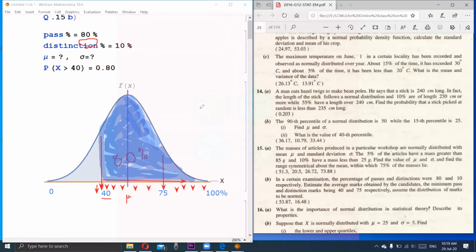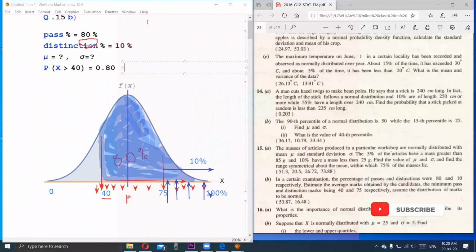We are pointing the distinction. The students who got distinction lie above 75. So blue arrows, blue lines show that the students are above 75. If he or she has taken the exam and got 75, 80, 85, 90, 95, 100 marks in the examination, they are considered as distinction students, and these students' percentage is 10%.